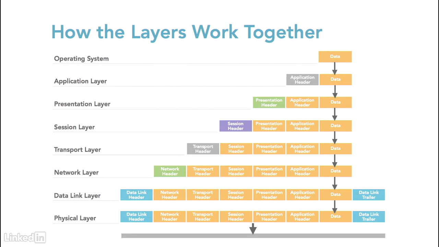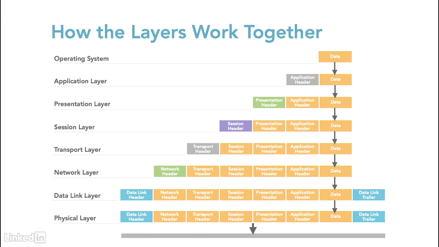Now, the way the computer handles this, or the way the datagrams are handled by the computer, is shown in this diagram. Basically, you start out with the basic data, and as each layer of the OSI model adds its own header, or trailer in the case of the data link layer, then whatever was in the datagram before the new header was added becomes data contained in the overall datagram.